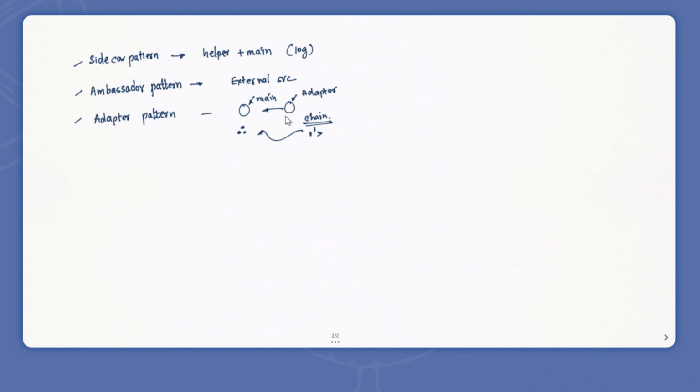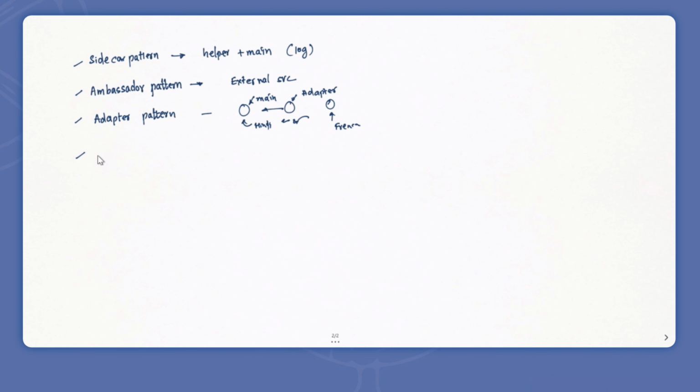Or in a simple way, suppose this person is speaking French, so the adapter is like a French to Hindi converter, so that the main container understands.